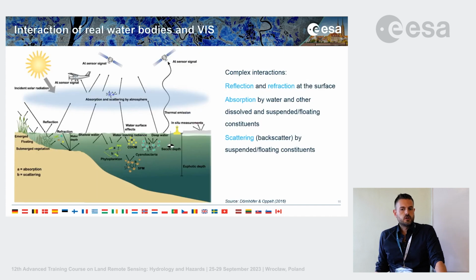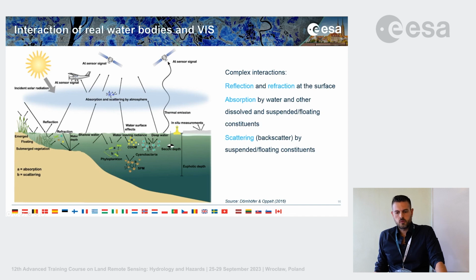So this is the interaction of real water bodies with visible light. There are several factors, as I said before. There is the reflection, refraction, but you also have particles in the water, like phytoplankton, cyanobacteria, deep water with other particles.